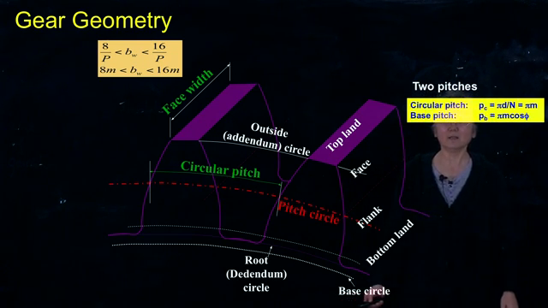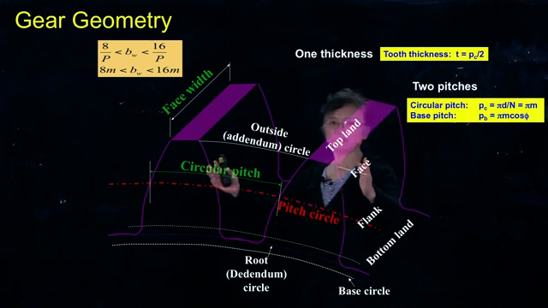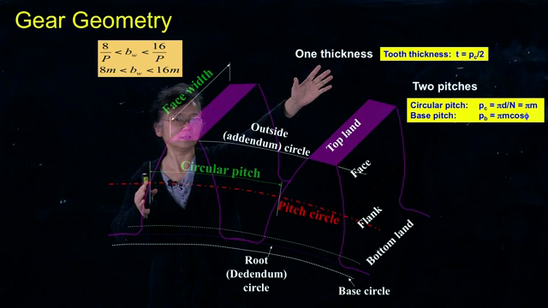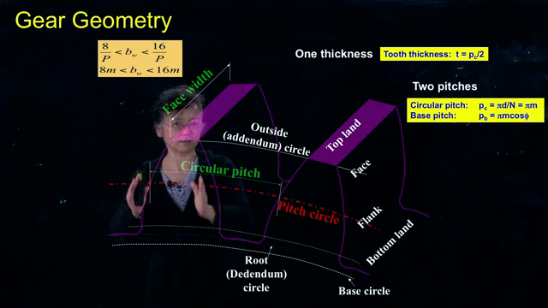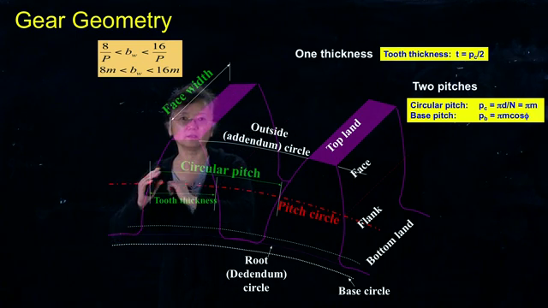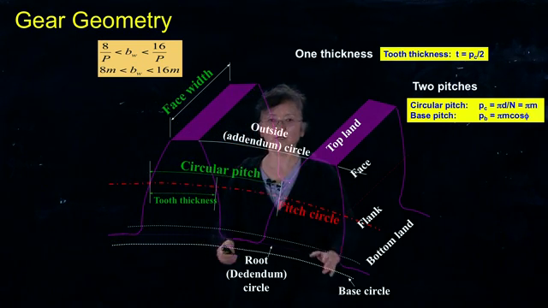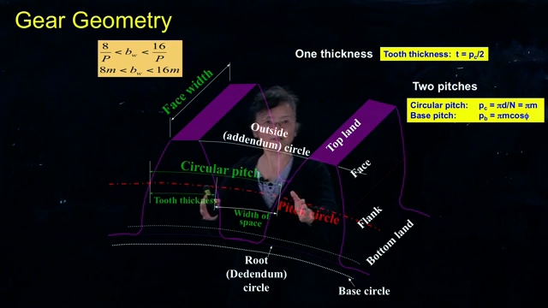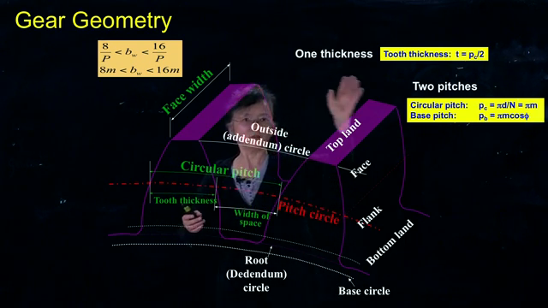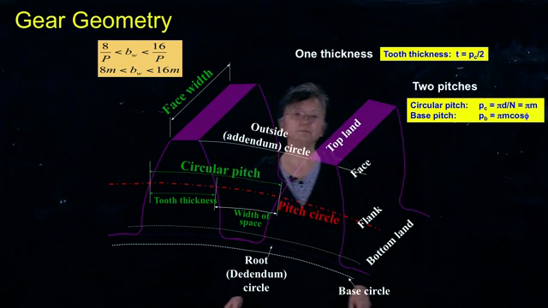Then this pitch circle can be divided into 2 portions. One portion is the tooth profile, the solid part, which is the tooth thickness. The other one is the space, basically the width of the space. Add them together and you get the circular pitch.